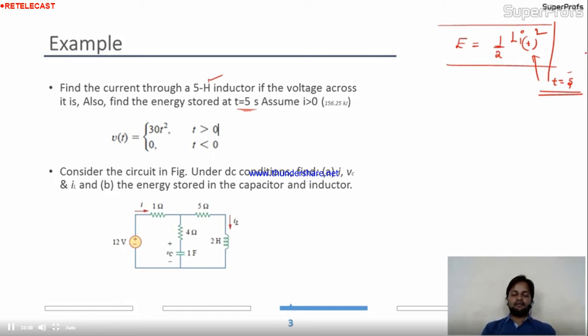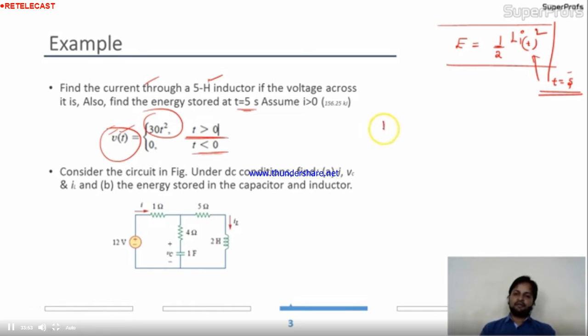So what are the parameters given in the circuit? They are asking for the current, and they have given the voltage. For t less than 0, the voltage is 0. But for t greater than 0, the voltage v(t) is 30t squared.